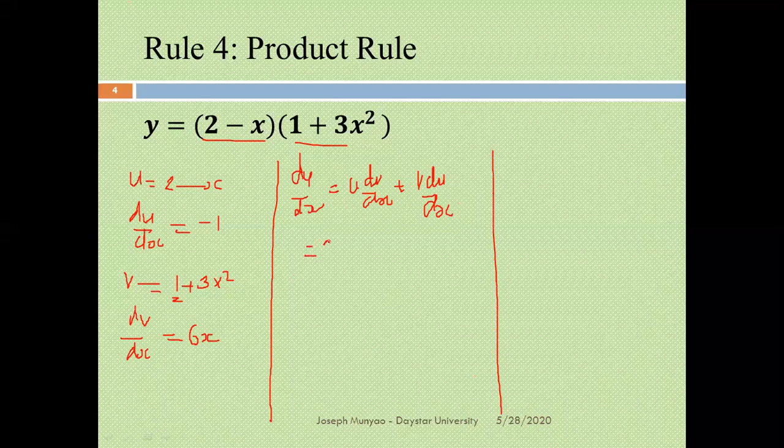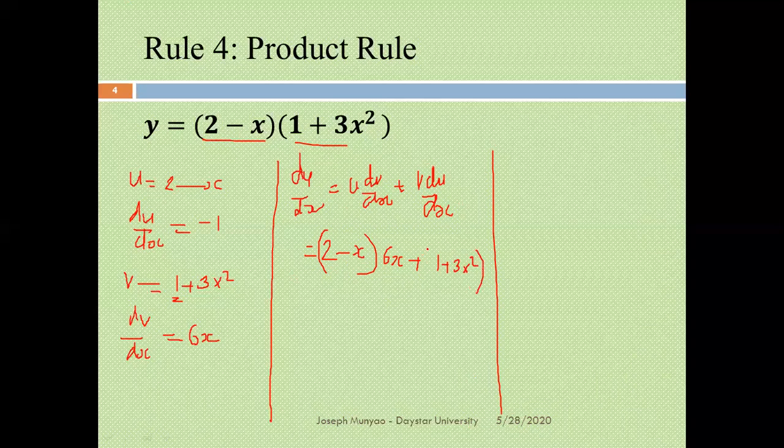My u is 2 minus x. And what is dv dx? dv dx is 6x. Then I had v. What is v? v is 1 plus 3x squared. Then this is what I multiply with du dx, which is actually minus 1.